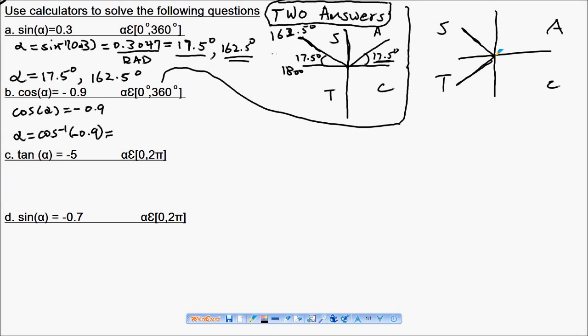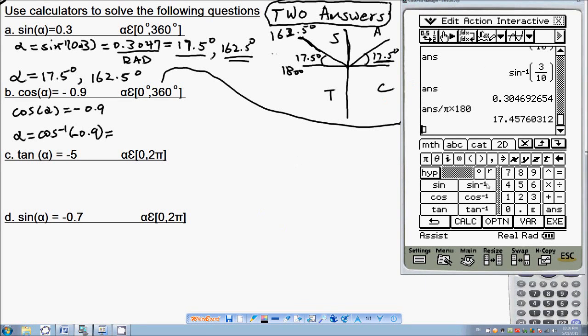In the first and fourth quadrants, cosine is positive. We have to know the angle theta, and using our calculator we just do the same thing: inverse cosine 0.9.